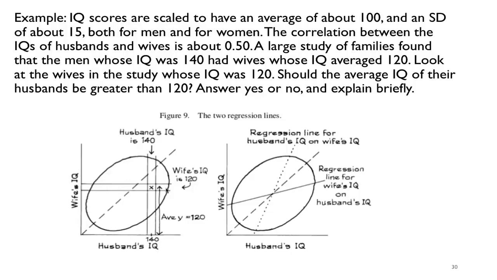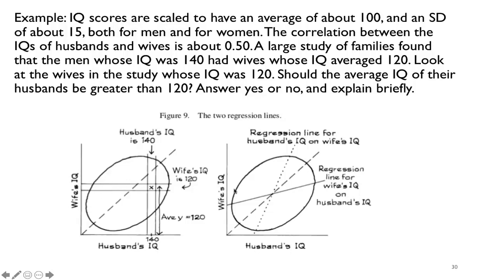If the IQ of the wife is 120, I want to know whether the average IQ of the husband is greater than 120. So now we're looking horizontally, right? And so we're looking at all of the husbands whose wives' IQ is 120.